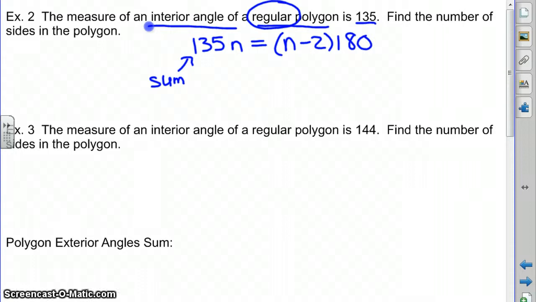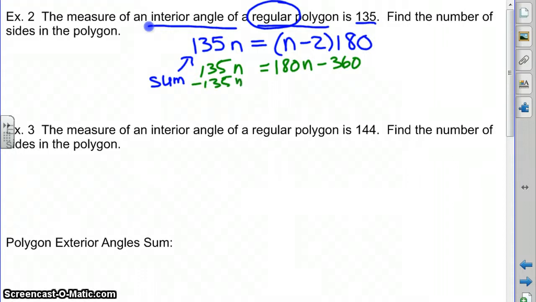So if I distribute this out, I get 180 times n minus 360. All of that is equal to 135n. I will subtract 135n from both sides, and I will add 360 to both sides.